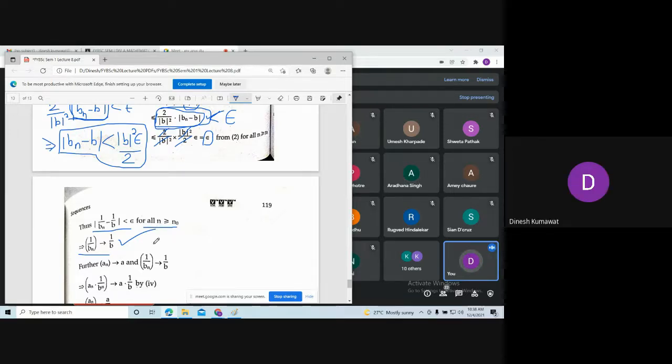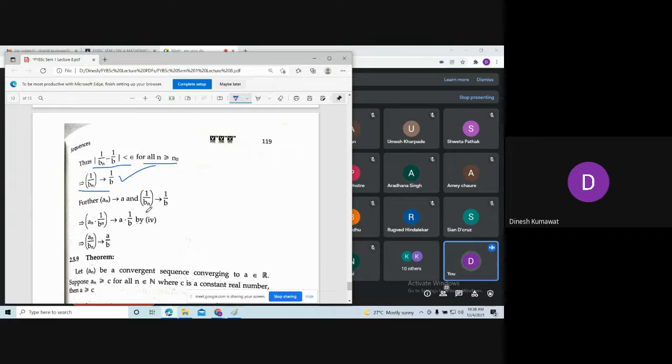Now the next one is just the application of the fourth property. In the fourth property we are having an dot bn converges to a dot b. This dot indicates multiplication. So right now we showed that 1 upon bn converges to 1 upon b, and an converges to a is already given to us.